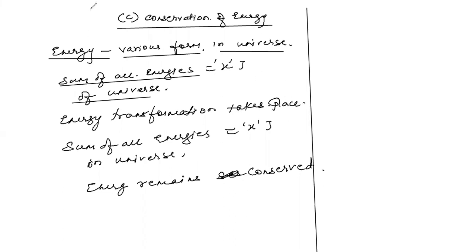After that, again when I find the sum of all the energies in the universe, I get x joules. That means while the transformation is happening, no energy is getting lost. The energy remains the same. Can I say energy remains conserved? So this helps you to write the principle of the law of conservation of energy.